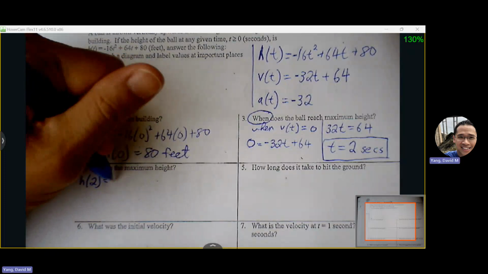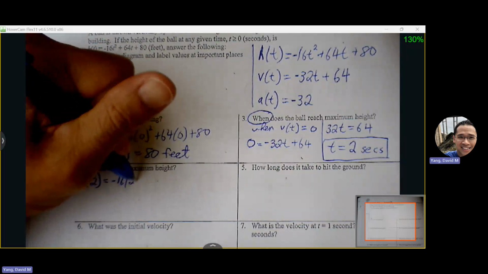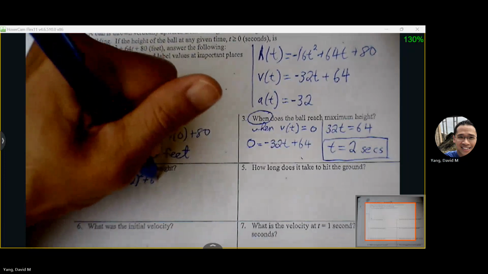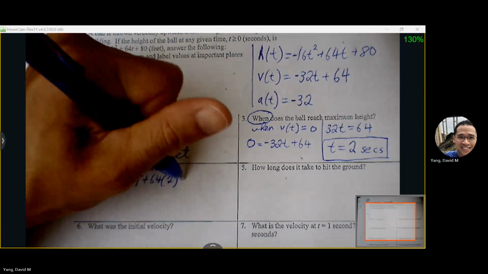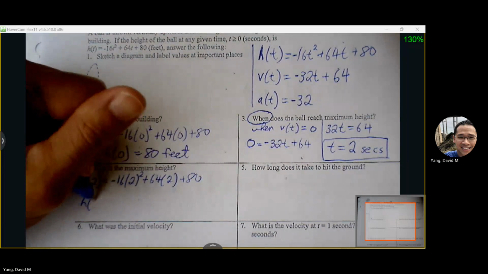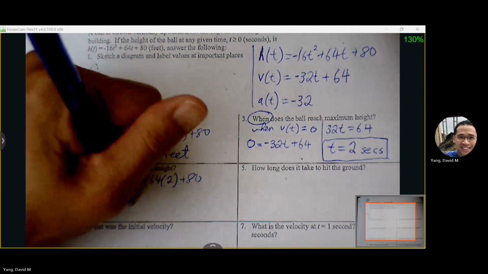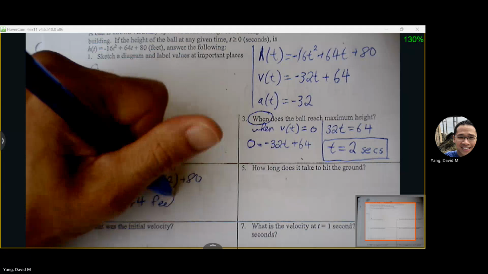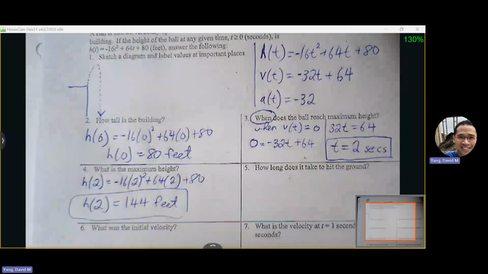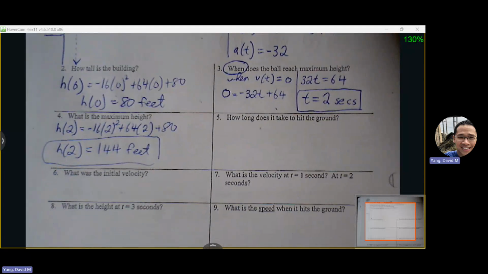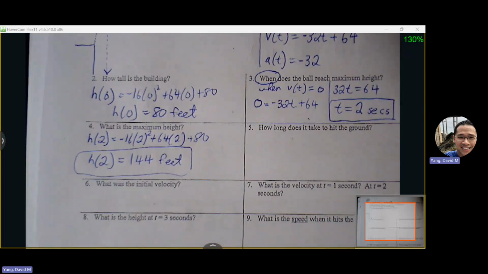So these are larger numbers, so I'll do the math for us. So it ends up giving us 144 feet if we plug into the function. So 2 seconds after the ball was thrown up in the air, the ball is going to be 144 feet up in the air.